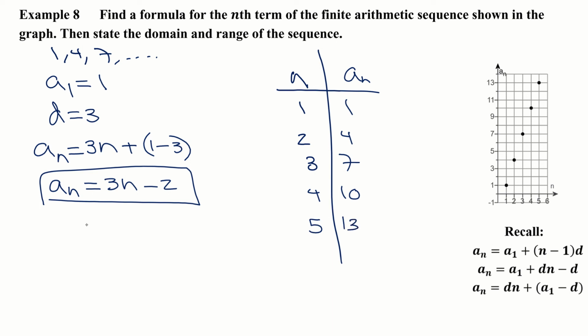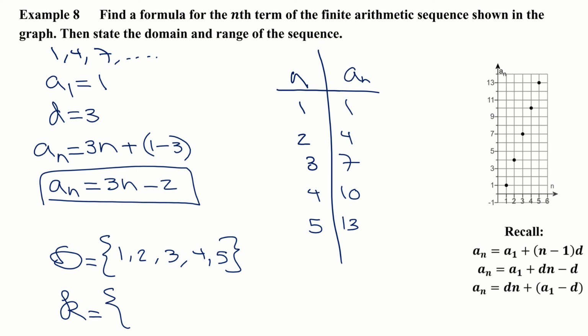So the domain, remember, is the set of all n values, right? Normally x values, but in this case, we're using n for the horizontal axis. So the n values in play are 1, 2, 3, 4, and 5. And the range is the set of all the outputs, or a_n values.